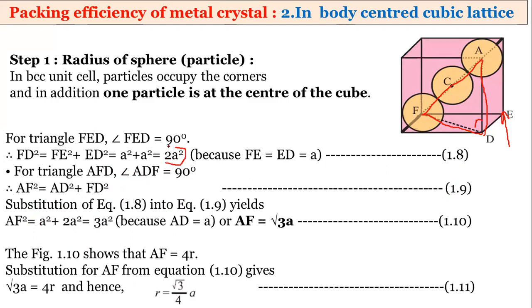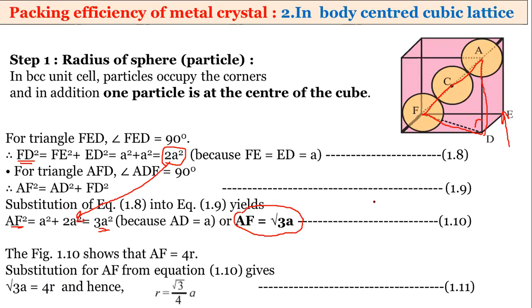We already know the FD square has twice A square, so this value is taken here. Twice A square and this A square give thrice A square. If we have to calculate the value of AF, we take the square root of this 3A square. So AF is equal to root 3 A.